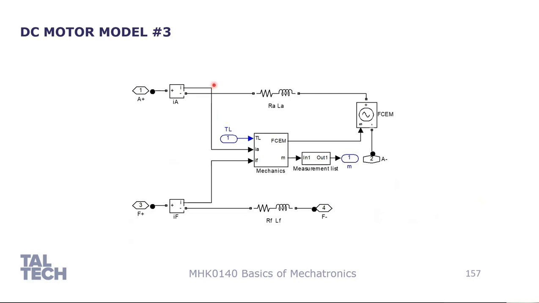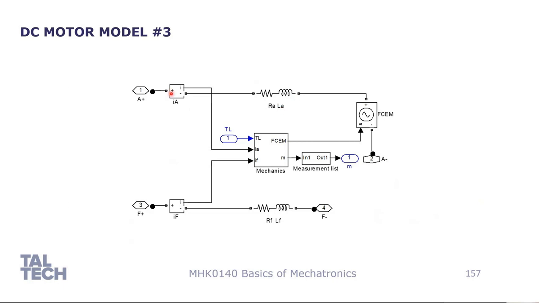In the introduction of the models, I said that in electrical engineering we use a lot of schematics, and those schematics help us to describe and show some typical processes happening inside the system. So we know that inside the armature winding we have active resistance and inductance. We have the same thing in the field winding.